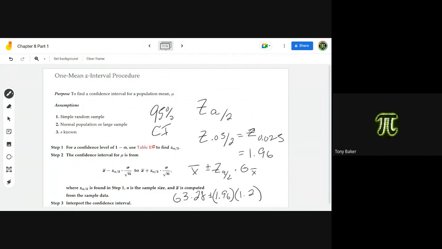That's how I figured out that 95%. So whatever the mean is, plus or minus the z-score we got for whatever confidence level I'm looking for, times my standard deviation for that sample. And that's going to give me my confidence interval.